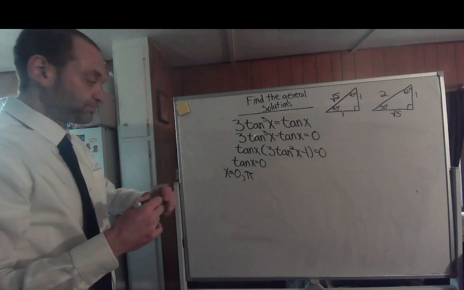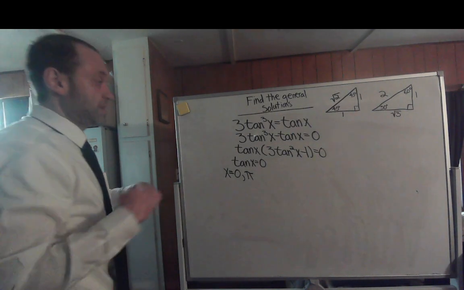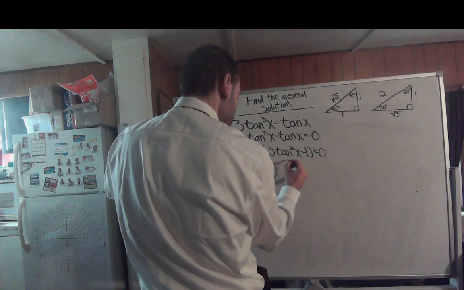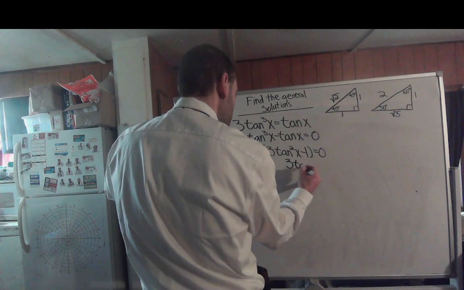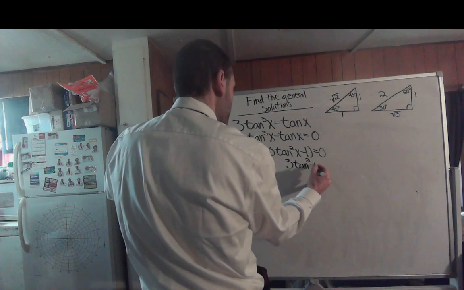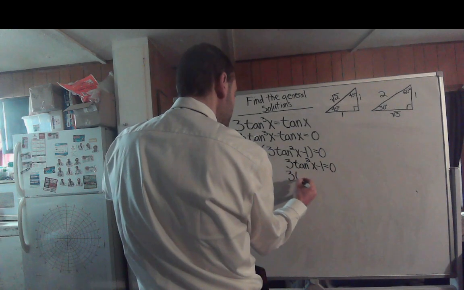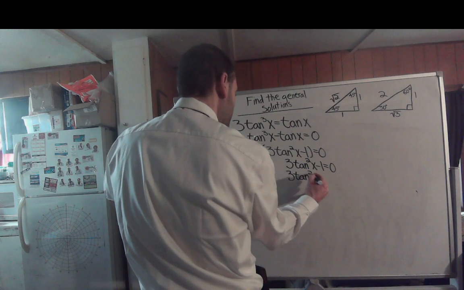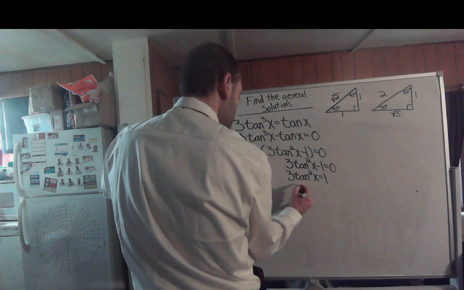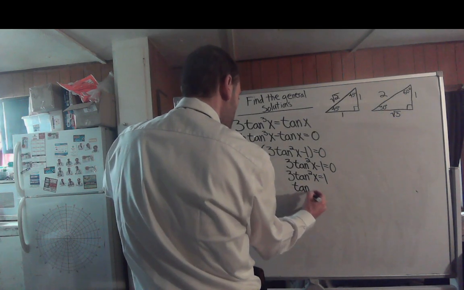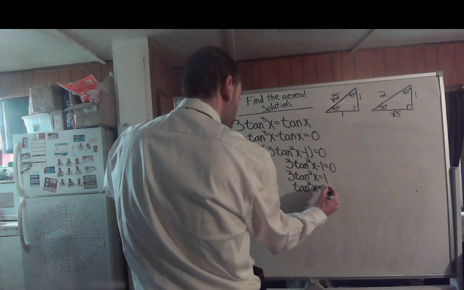And then what about that 3 tangent squared of x minus 1 equal to 0? So this would turn into 3 times the tangent squared of x equals 1. So the tangent squared of x equals 1/3.